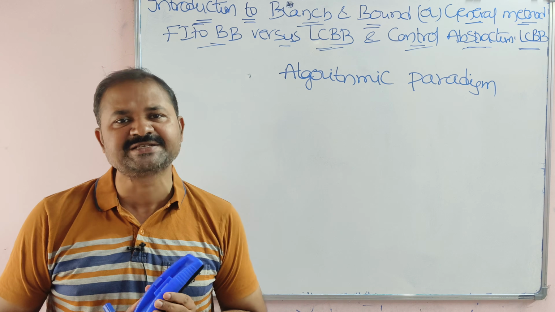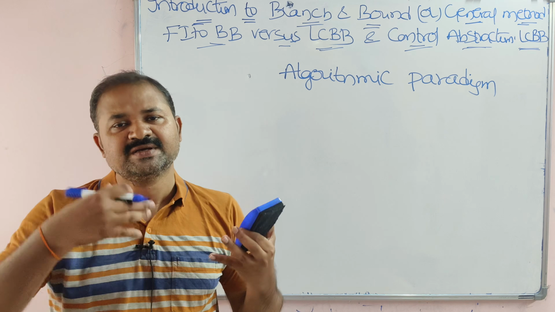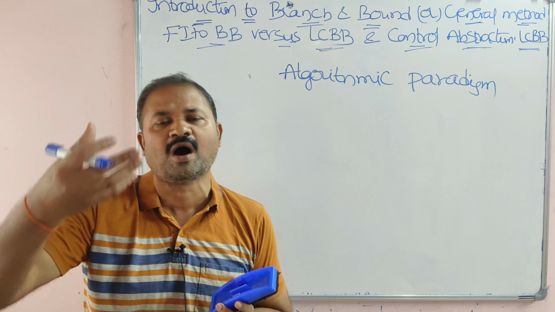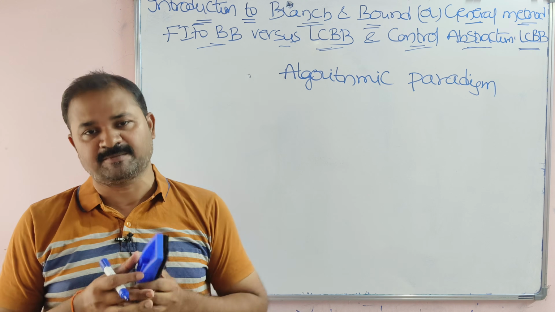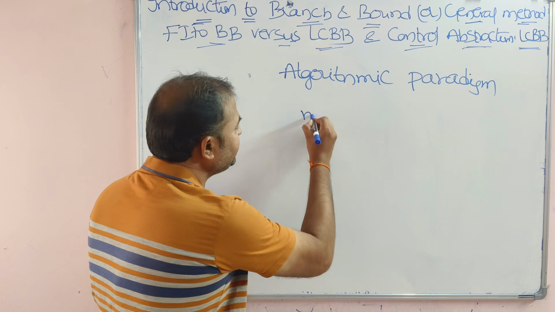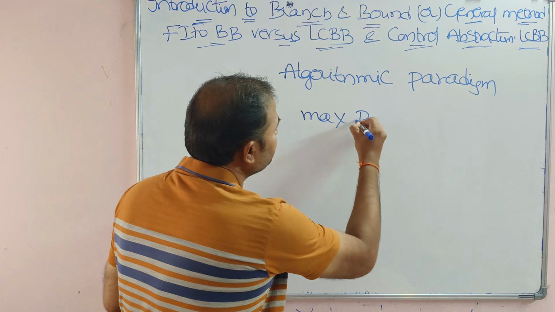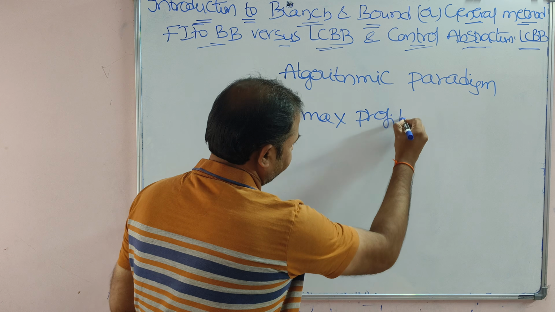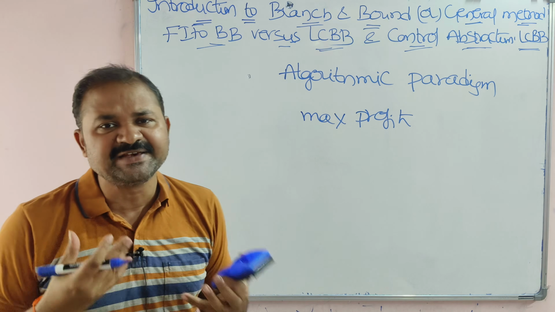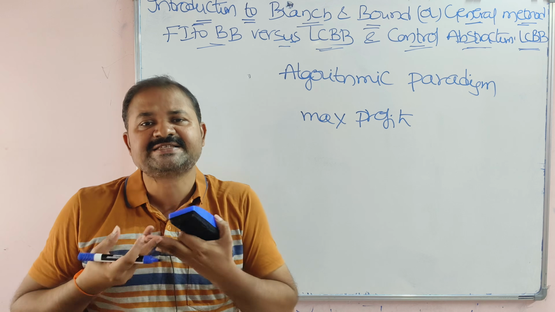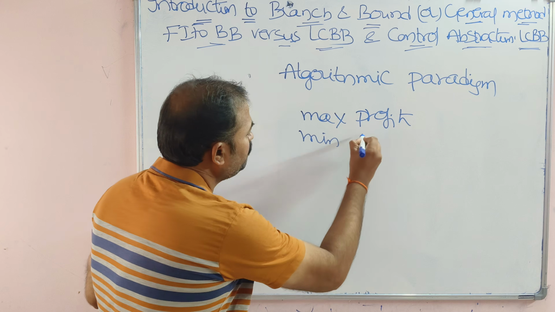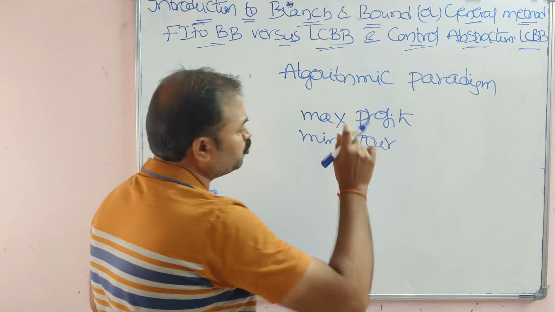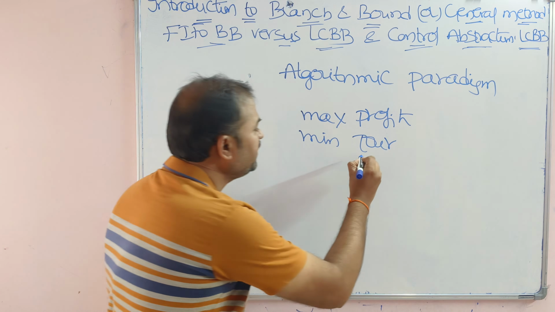An optimization problem may give a maximum value or a minimum value. If we take the knapsack problem, our target is to produce maximum profit. Whereas if we take the traveling salesperson problem, our target is to produce a minimum tour, that is, minimum cost.